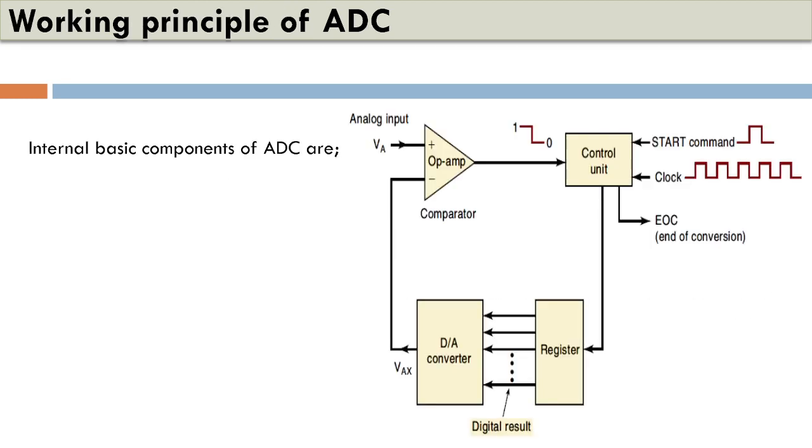Well, now let's have a look at the basic internal structure of an analog to digital converter. What are the basic components here? First of all, there is a comparator, which is usually an operational amplifier connected in open loop configuration.